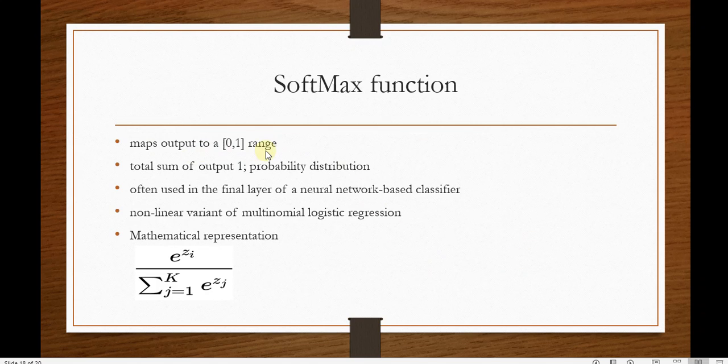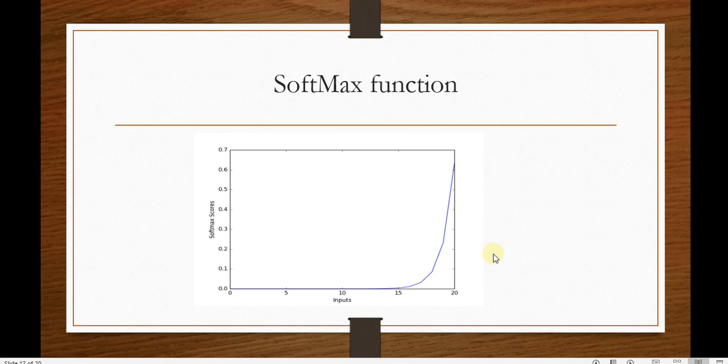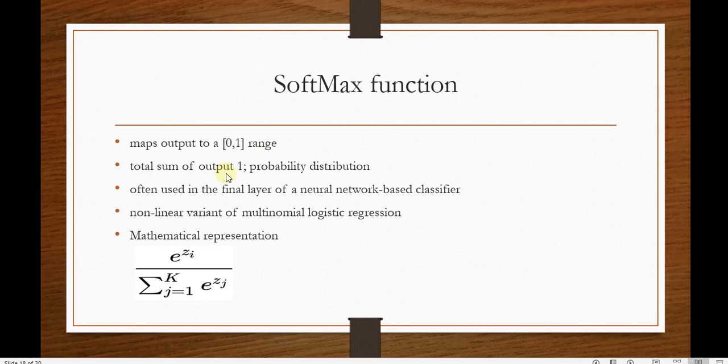So it maps output to a 0 to 1 range. Here you can see the outcome starts from 0, up to an input value of around 15 it is 0, and then it gradually increases and moves upwards, and the maximum value possible is 1. So that's why the range is 0 to 1, and the total sum of output equals 1. Okay, what does that mean?